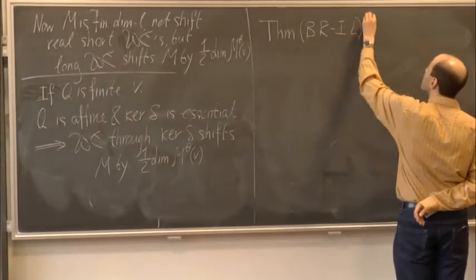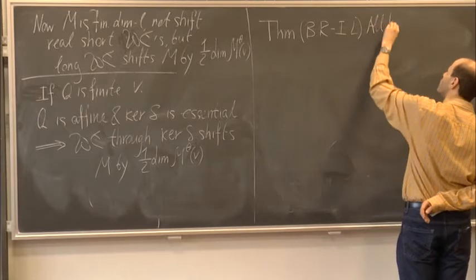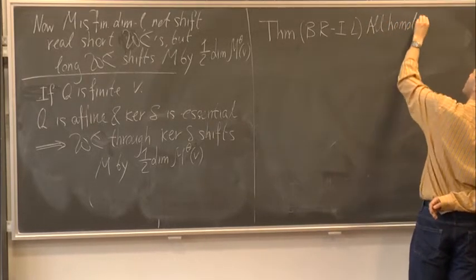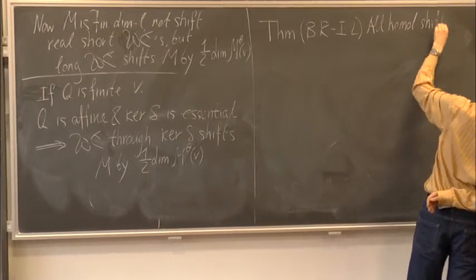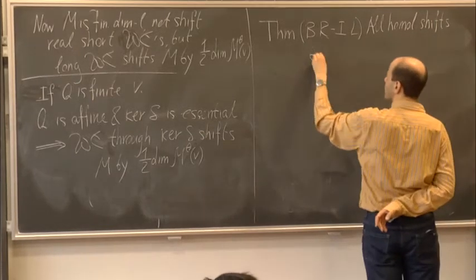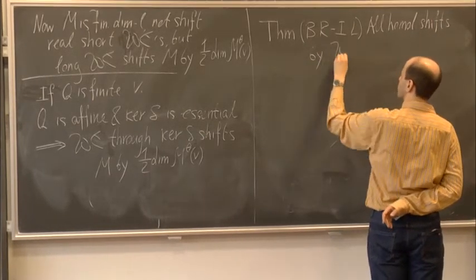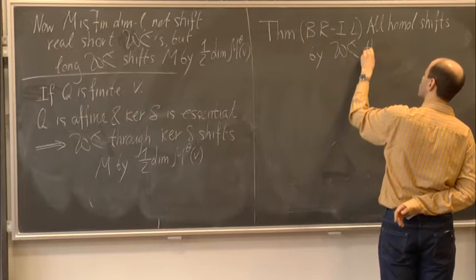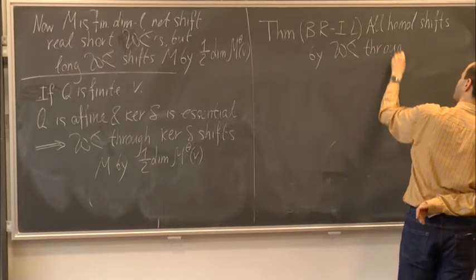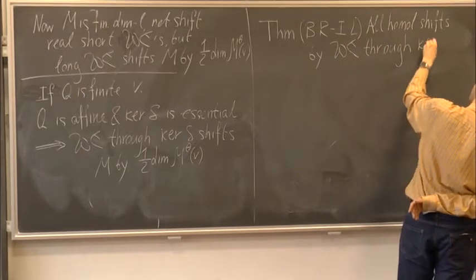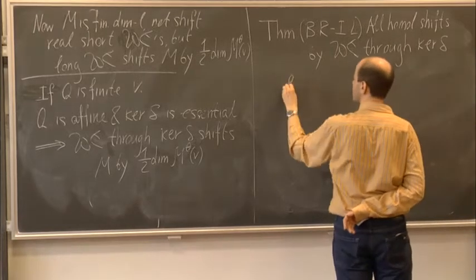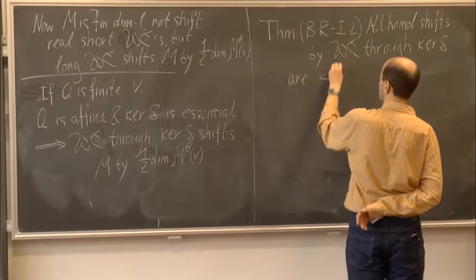So all homological shifts by WC through ker delta are strictly less than this number.